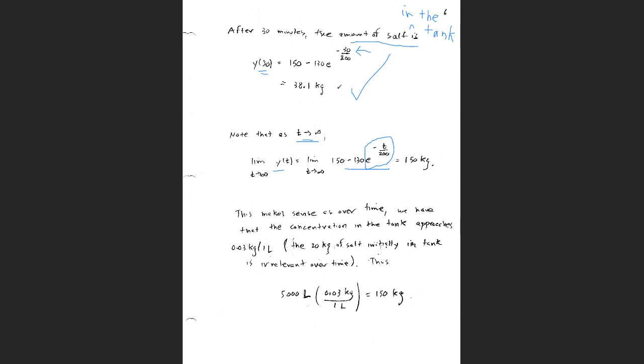As t goes to infinity, that goes to e to the negative infinity, and that's like 1 over e to the positive infinity, and that's 0. So this term goes to 0, and you're left with 150 kilograms.